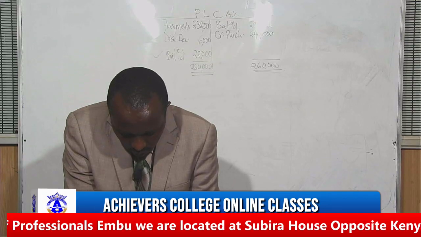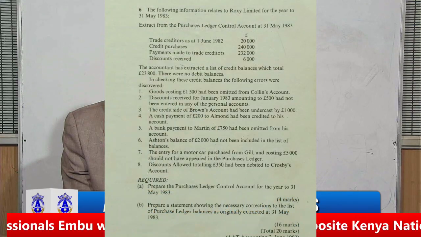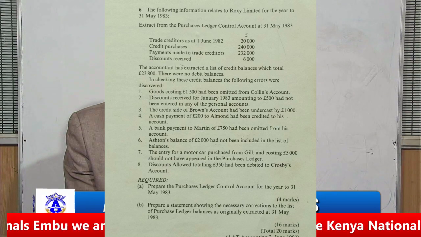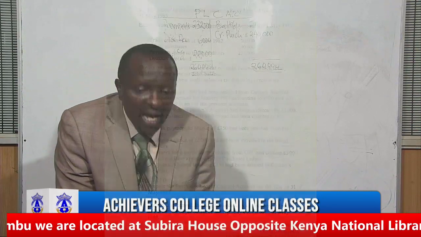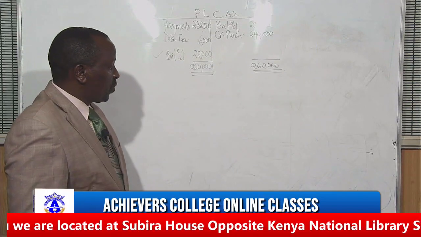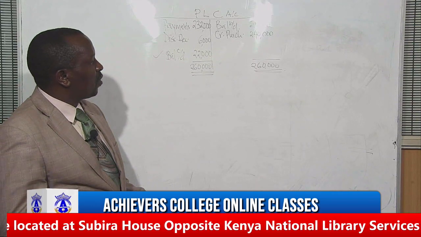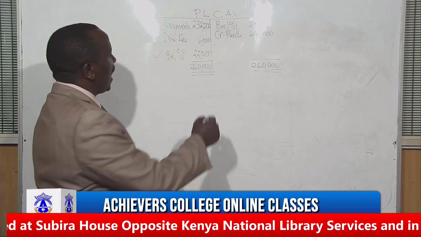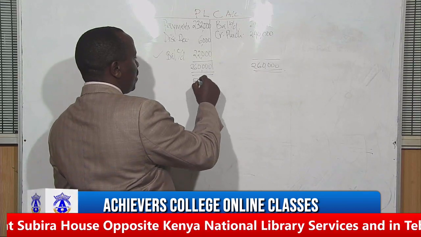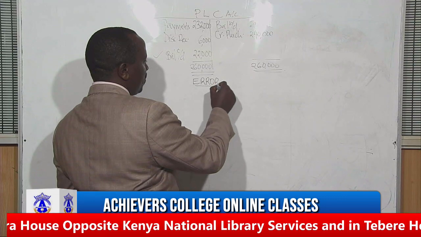And therefore, what is he supposed to do? We are supposed to reconcile the two balances. And how do we reconcile the two balances? You need to look at the error that was committed.